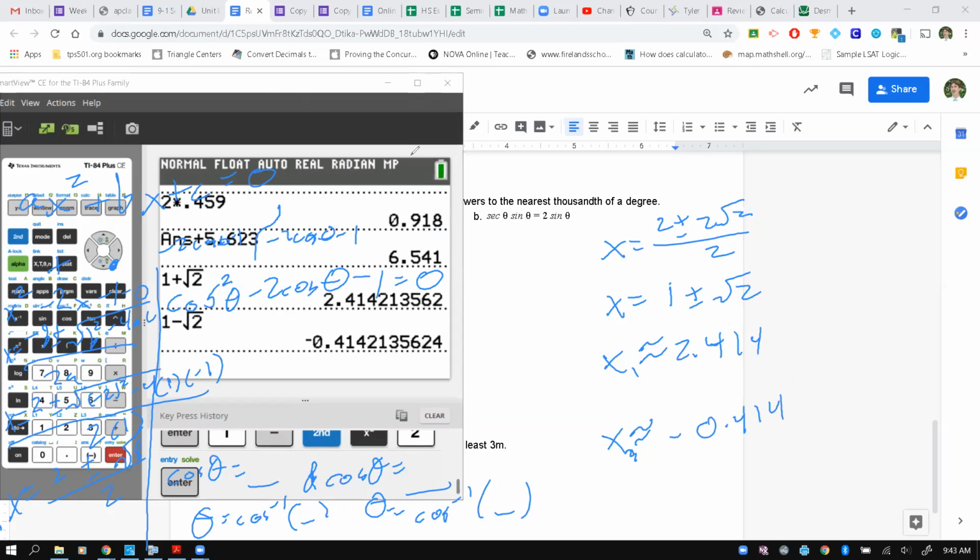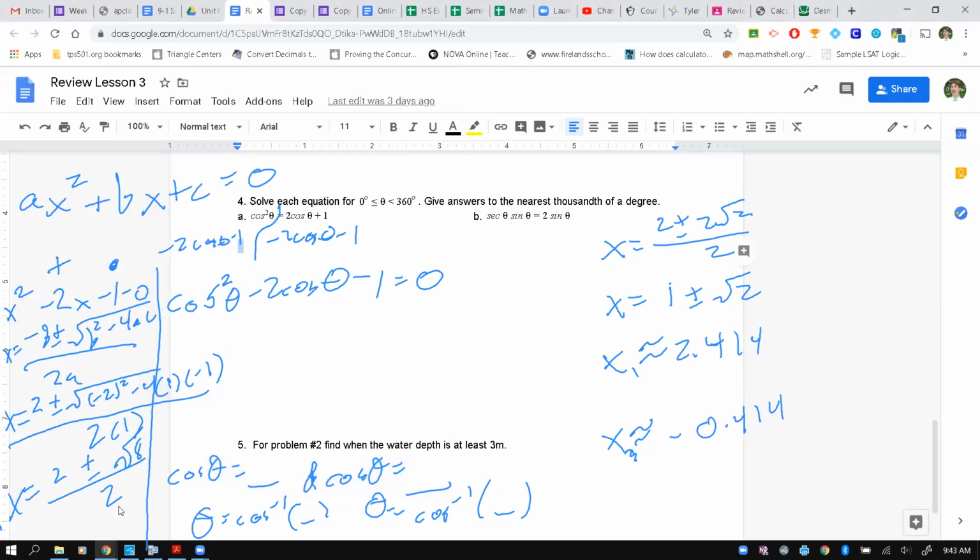Okay. So now what I was saying, all that work is really at the end of our problem, what we're going to have is the cosine of theta equal to those two things. So we're going to have two equations that we need to solve.